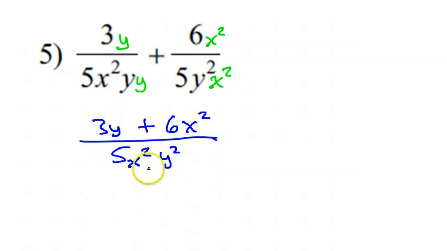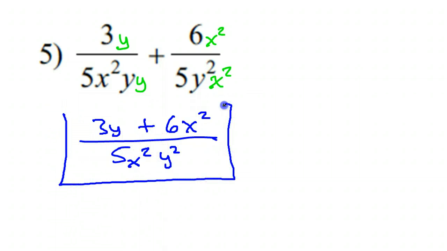Do you see anything common to all three terms? No. Looking at the numbers, 3, 6, 5, there's no common factor there. Looking at the variables, they don't all have y's and they don't all have x's. So that means this is the final answer.